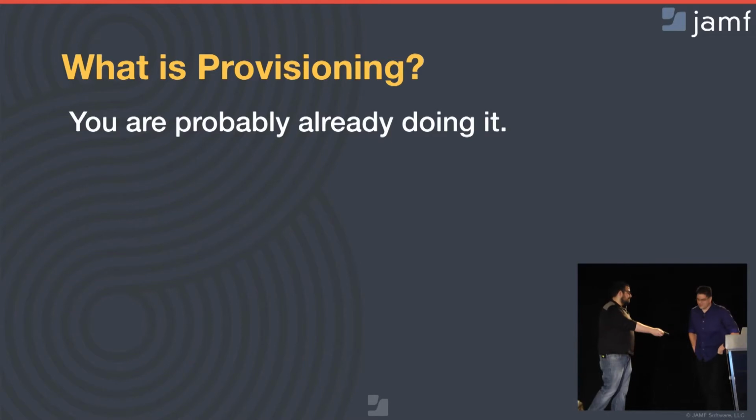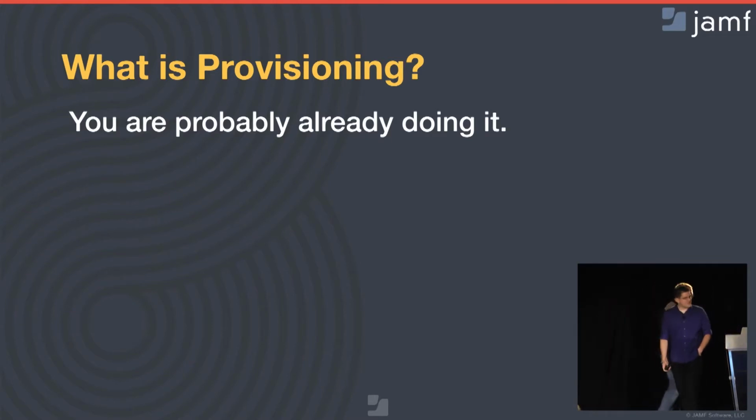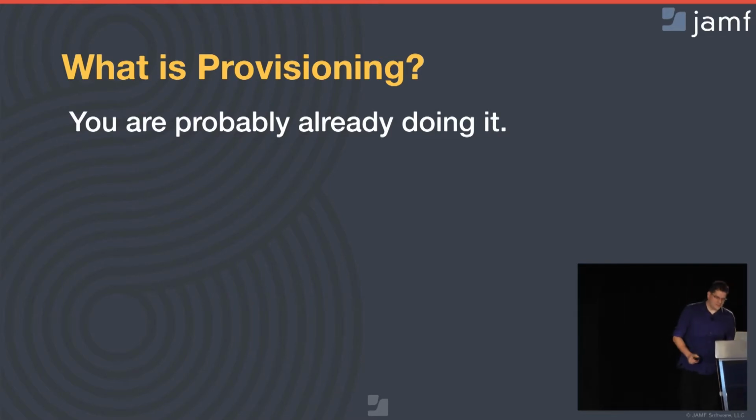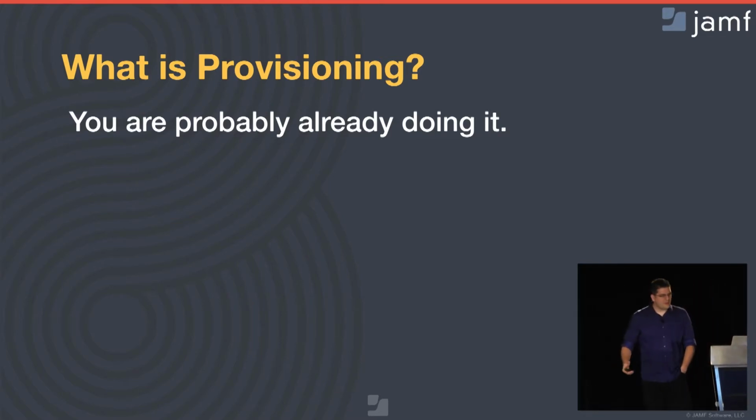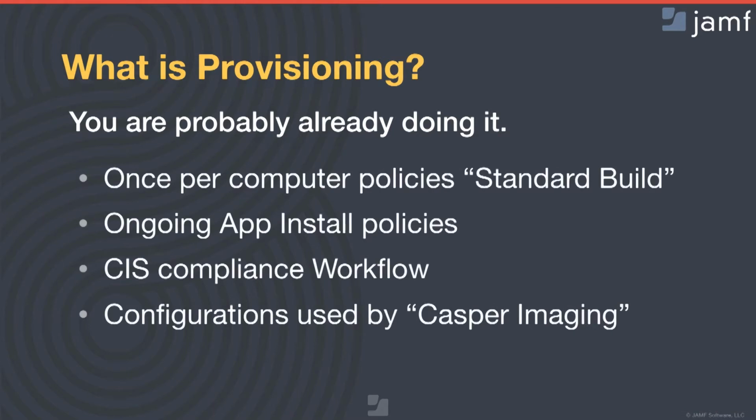Yeah, we're going to talk about provisioning. And for the purpose of this presentation, we're going to be talking about provisioning. As John said, it's like imaging, at least it rhymes with imaging. Some people call it configuration, setup, processing. I've heard thin imaging, thin-ish imaging. The fact is, as long as you're not starting with a golden master image that's been configured and pushed to the device, you're doing some kind of provisioning that's based on a vanilla OS or an out-of-box Mac.